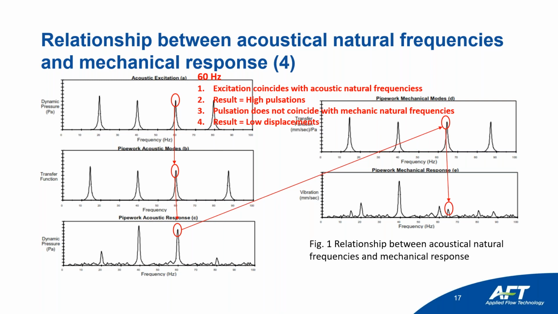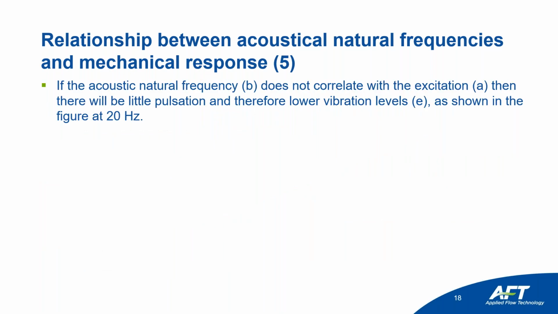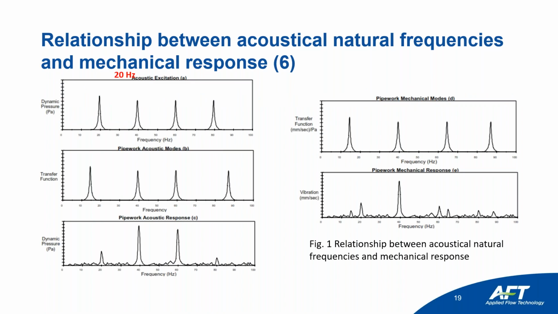Let's see another case. If the acoustical natural frequency does not correlate with the excitation, then there will be little pulsation and therefore lower vibration level, shown in the figure at 20 hertz. So for 20 hertz, excitation does not coincide with acoustical natural frequency. So we don't have an acoustical response for 20 hertz.